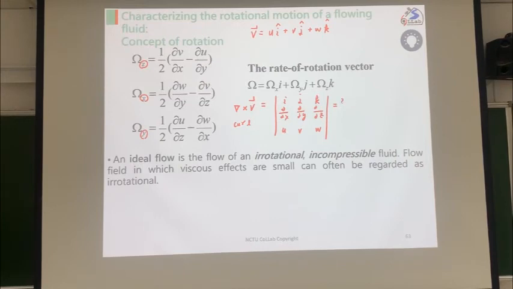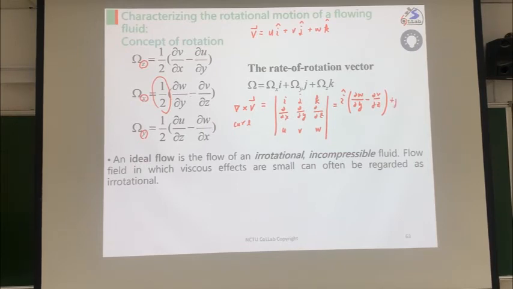So in the i direction, we have dw/dy minus dv/dz. As you see, this is the i component, so the rotation axis is along the x direction. If you compare with the left-hand side shown here, they are the same; the only difference is the half constant value here.